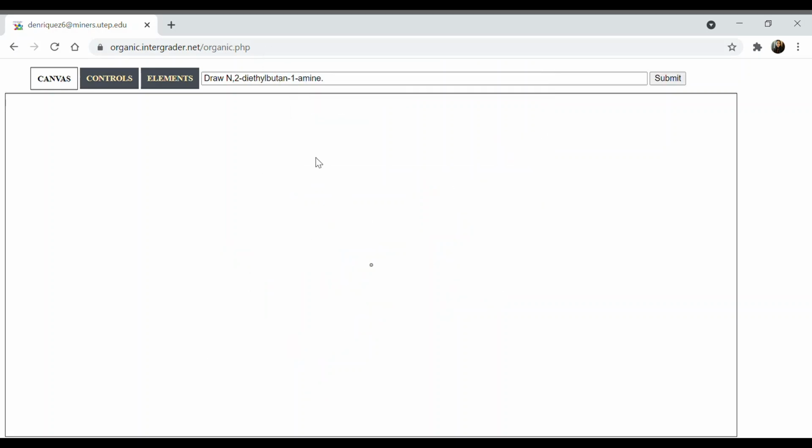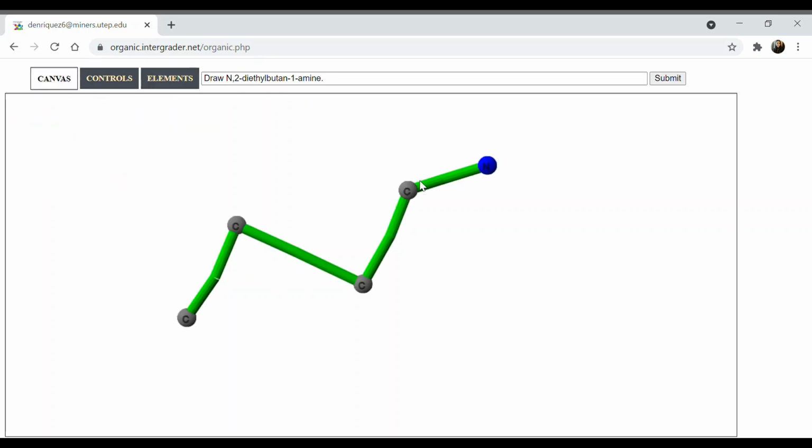Okay, so these can be kind of tricky, but I'm going to start with what's familiar to me, which is the butane. So I'll draw my 4-carbon chain. I see 1 amine, so I'm going to add my nitrogen at the 1 position, with this carbon, and then diethyl at the N position and at the 2 position.